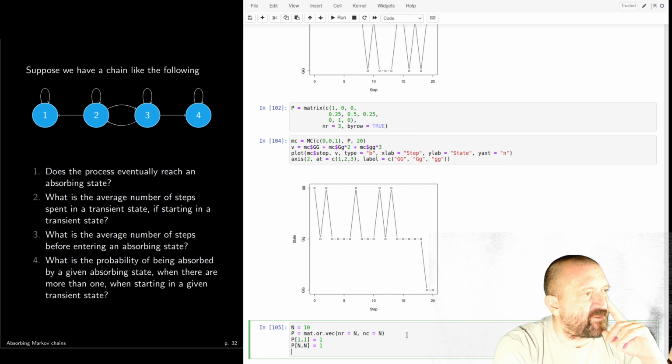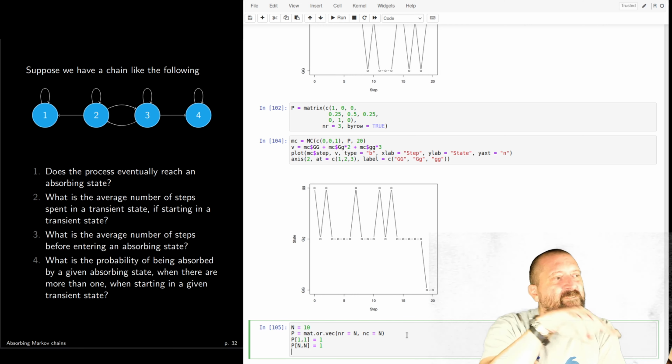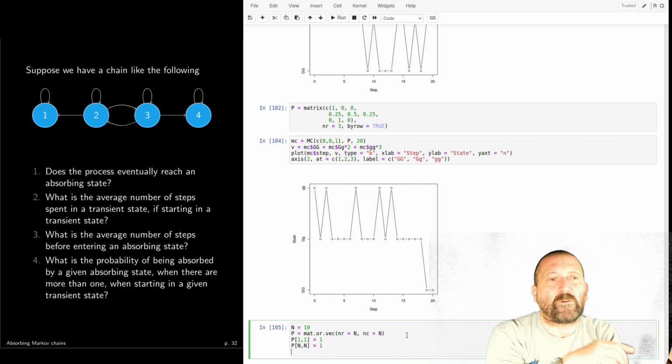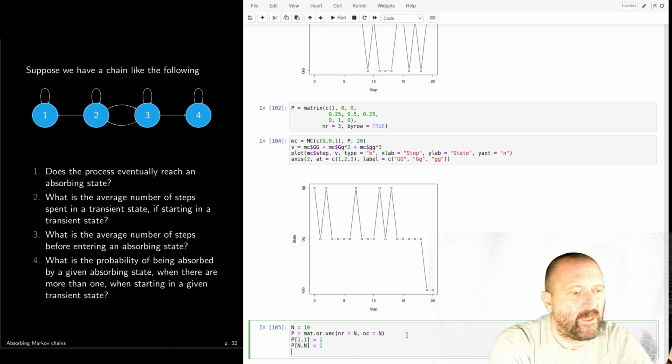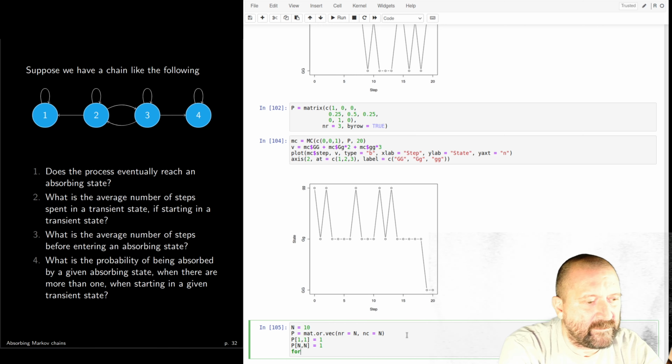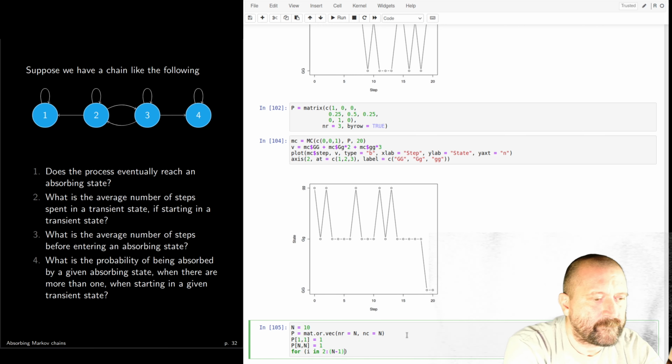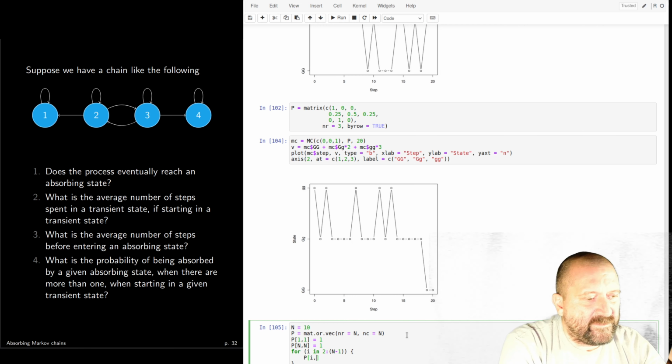And then what am I going to say? I'm going to do exactly like we had before. For i from 2 to n minus 1, the probability of staying there is going to be 1/2.